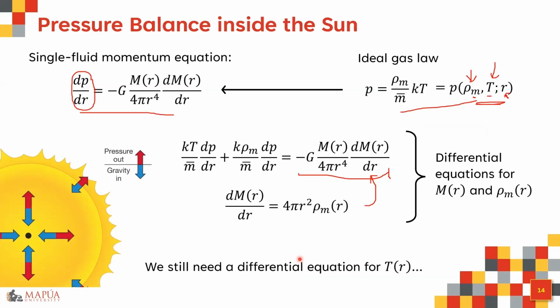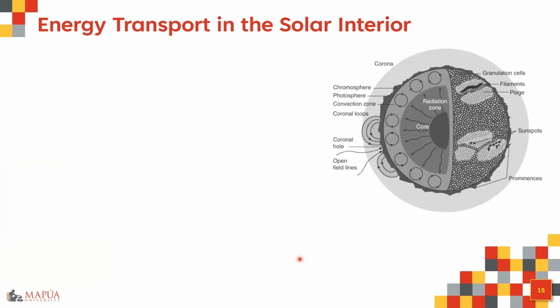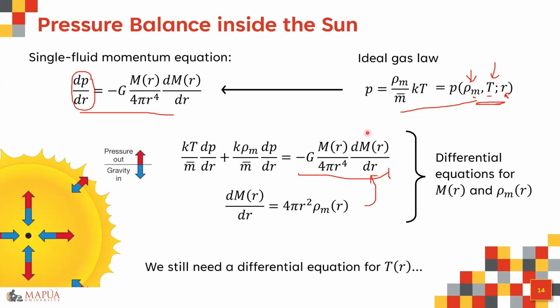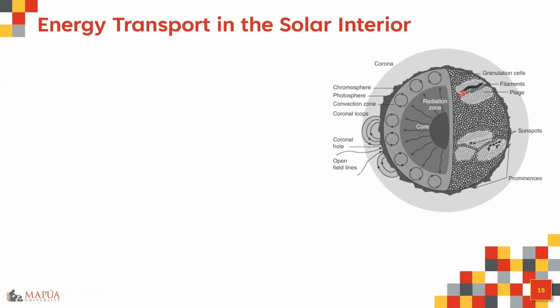In order to come up with the differential equation for the temperature variation, we can use the concept of energy transport inside the solar interior, because these two equations are generated based on the generation of energy inside the core.